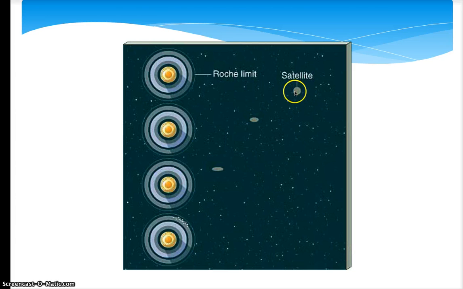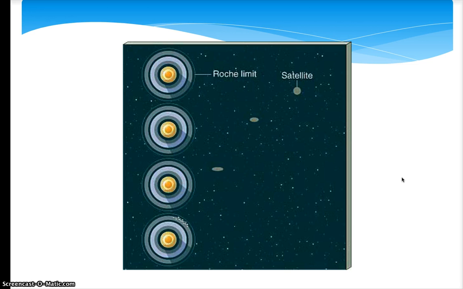Here we have a large satellite, and you see as it starts coming to the Roche limit, the tidal forces are deforming it because it's being pulled so that it stretches out, and once it gets within the Roche limit, it breaks apart and forms the particles that can make up the ring system. You might be thinking, oh, but wait a minute, she showed me a picture where there were little satellites within the ring system. How can that be true?